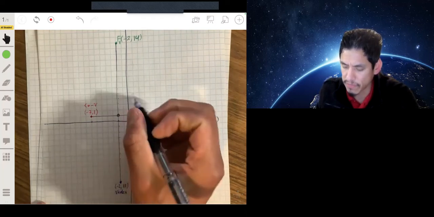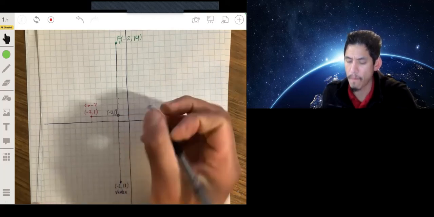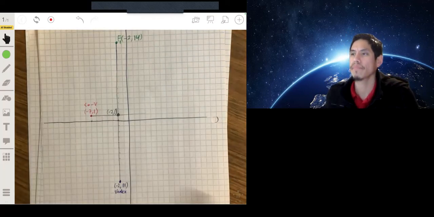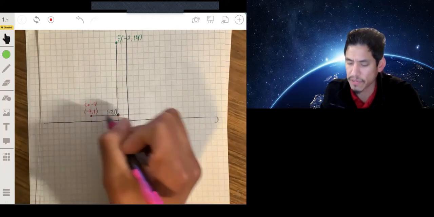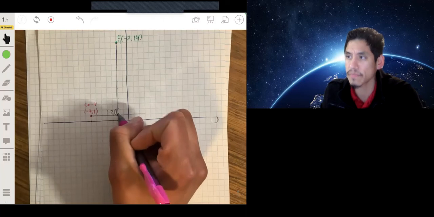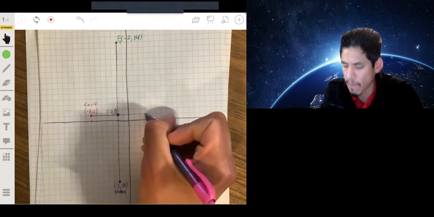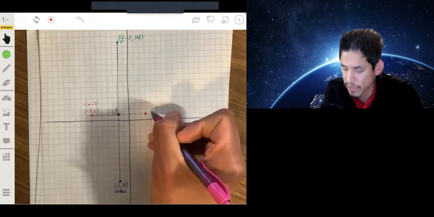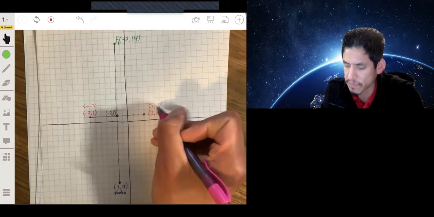The center will be at negative 2, 1. And the co-vertex is 1, 2, 3, 4, 5 units away from the center. And so the other one will be 5 to the right, so it'll be at 3, 1. You'll have another co-vertex.